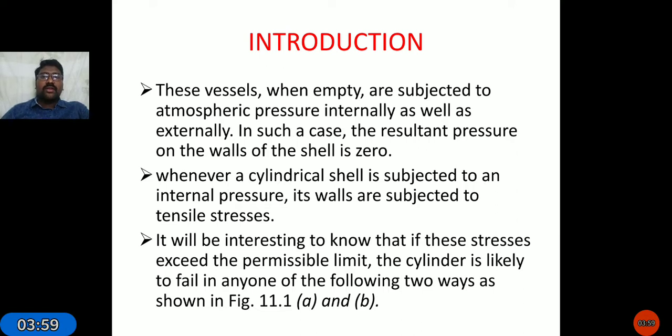When they are storing some amount of fluid, some pressure will be developed on the material.